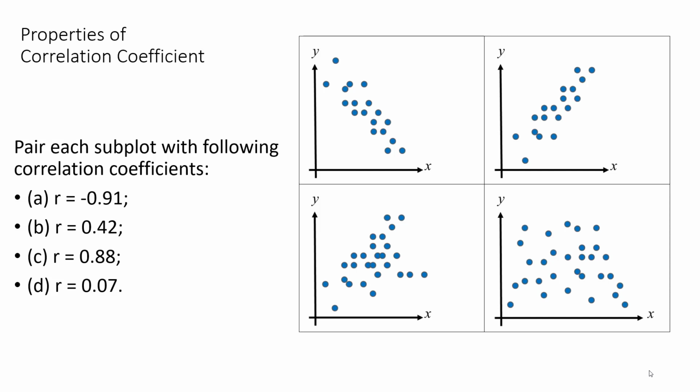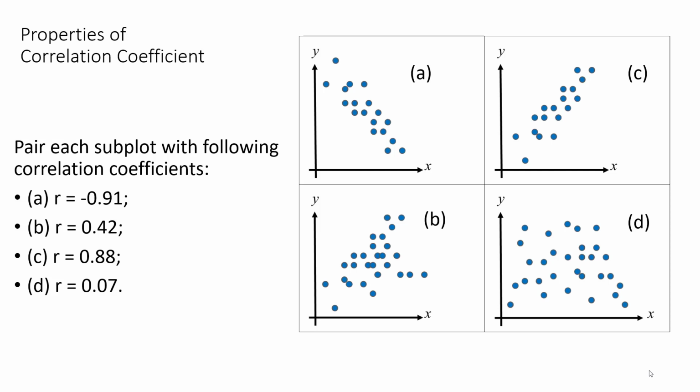Let's combine the knowledge of a scatterplot with that of the correlation coefficient to match the 4 scatterplots with 4 correlation coefficients. The top left shows a clean downward trend, meaning when the x value increases, the y value decreases. This nearly perfect negative association should correspond to the correlation coefficient -0.91.